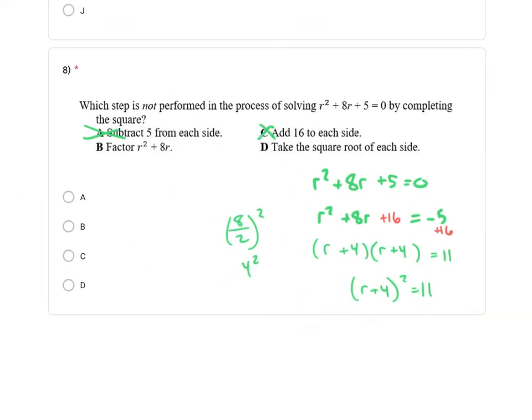So it's not C. D will also have to do because D is now the next step here. We would now take the square root of both sides. The correct answer is B.